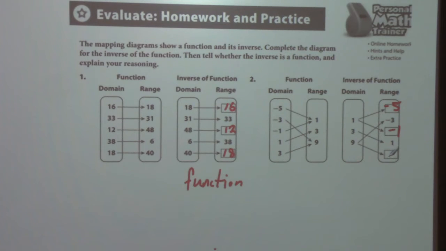And then the last thing here, 3. Okay, is this thing here a function? No, not a function. It says, explain your reasoning. Why not?